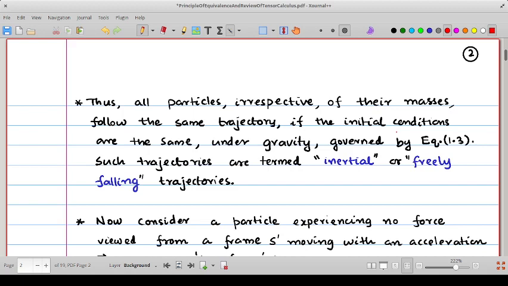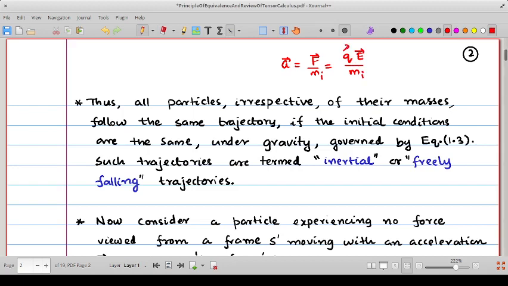For example, it is different from the electromagnetic or electrostatic force, because the acceleration due to an electric field on a charged particle is given by A equals F by m_i, and if it is a charged particle of charge q placed in an electric field E, F is equal to qE, then the acceleration is qE divided by m_i.